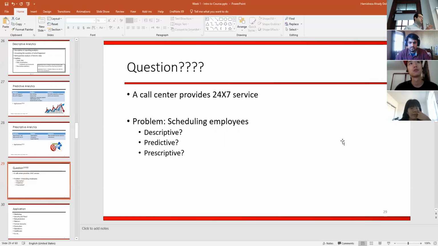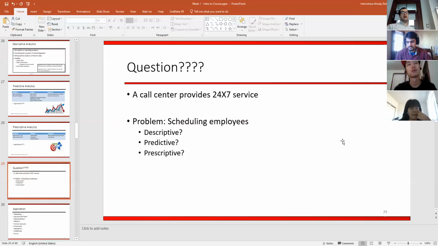You don't want to hire 2 persons because you miss so many other calls. Or you don't want to hire 30 persons because some of them are not busy, so you waste so much money. You are paying too much. So for each time slot, you want to hire a good number of people without missing any call and minimizing their salary. You don't want to hire too many people that don't do anything.